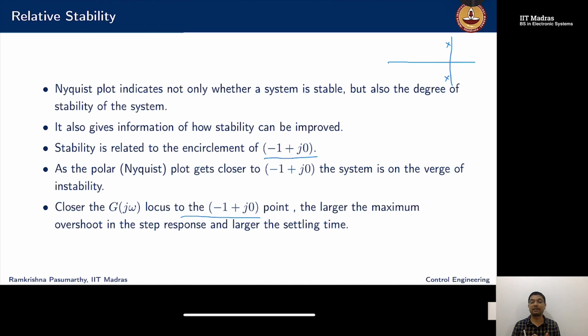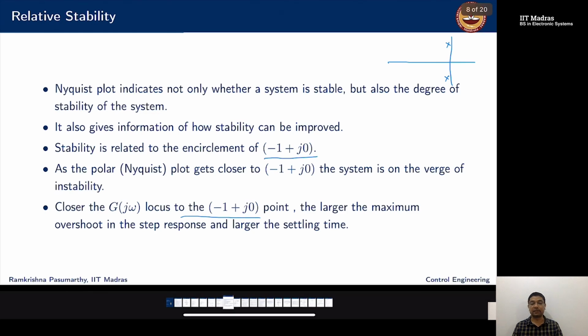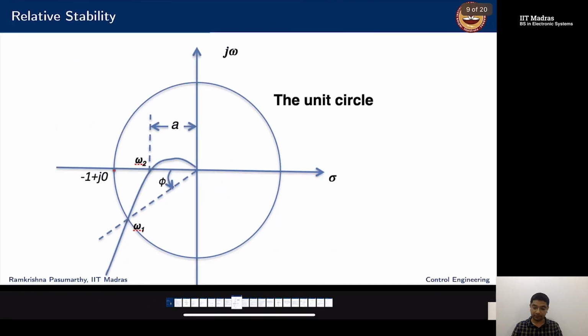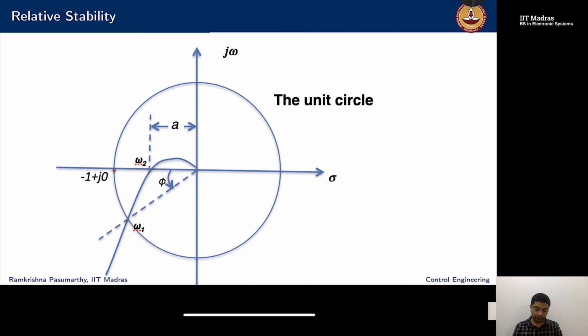The limiting case, zeta equal to 0, will have the largest overshoot, and anything closer to it will have a significantly large overshoot and also a larger settling time. So it's not just relative stability, but also performance. I am now interested in this point -1 plus j0 and a little circle around that.